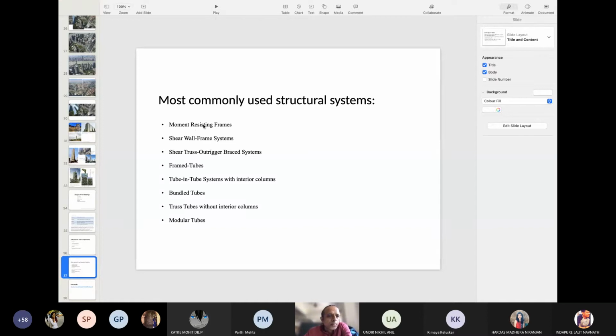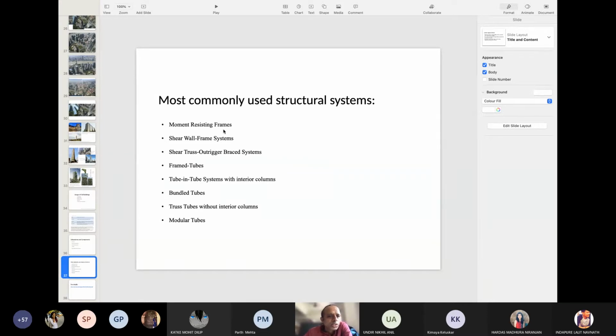In the last 40 to 60 years, there has been a transition from regular frame structures to modular tubes, bundle tubes, and so on. There are various combinations of these systems which we will study in greater detail probably in your theory of structures class.